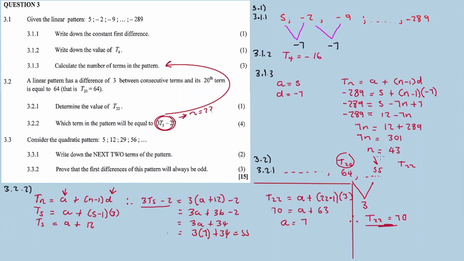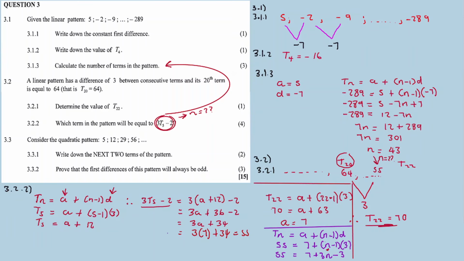We want to know which term number in the sequence that term is. Tn is equal to a plus n minus 1 times d. Tn is 55, then substitute a which is 7, and substitute d which is 3. Then find the value of n.